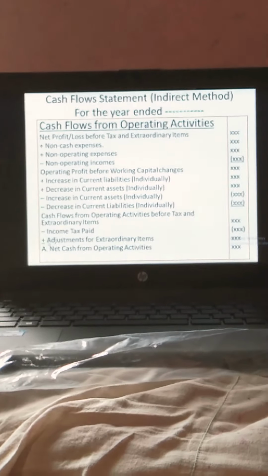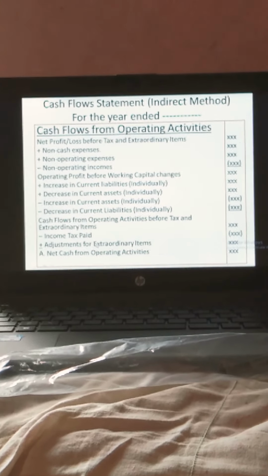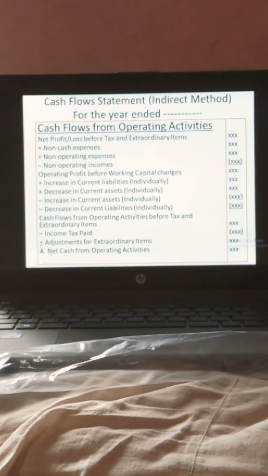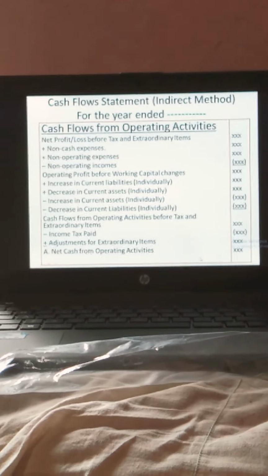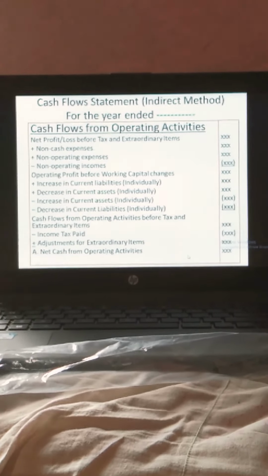That means extraordinary income should be added and expenses or loss should be deducted, so that finally you are getting net cash from operating activity. Clear? Okay.